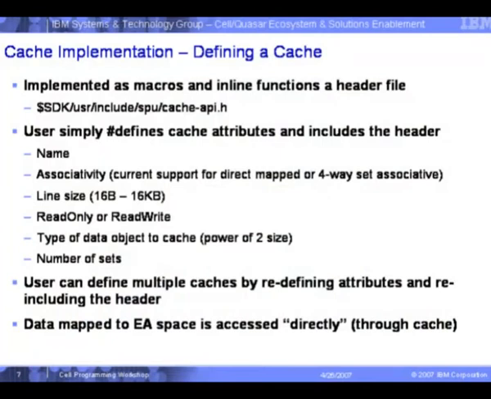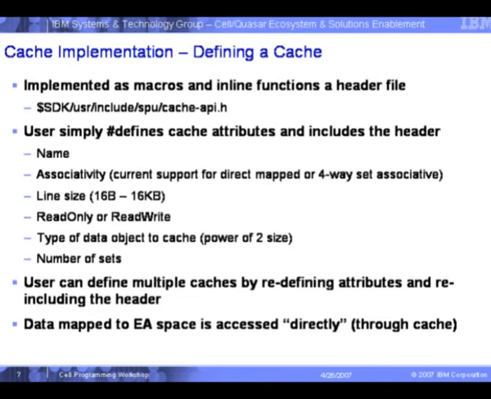Okay. The header file is cache-api.h, and in here the cache attributes consist of name, associativity, the line size, read-only or read and write, the type of data object to cache, integers, chars, floats, and so on, and the number of sets.